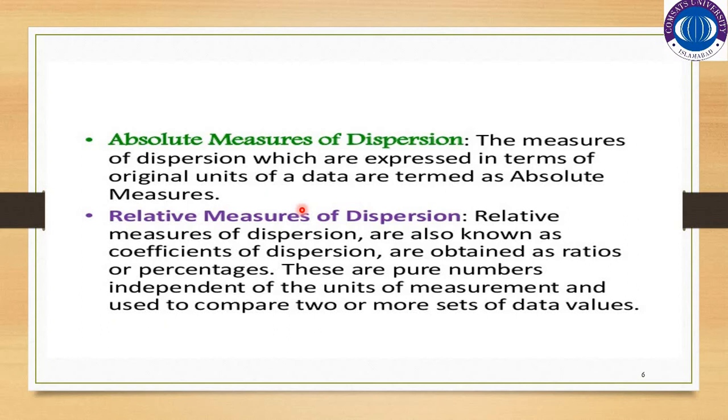So it is not appropriate to measure the dispersion of two data sets of different units. For this purpose, we use the relative measure of dispersion, in which we make our measurement unit free. With the help of this, we can easily compare two or more sets of data values.